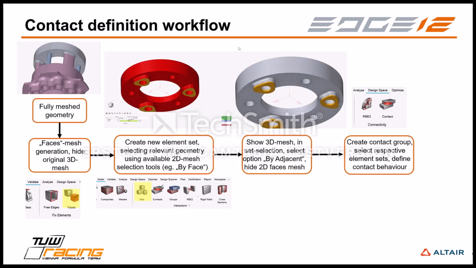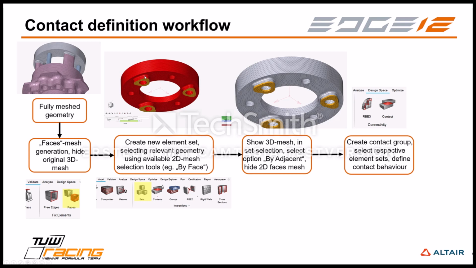Regarding contact definition, we first of all assume that we have a fully meshed geometry. And as we are dealing with 3D elements, we have to do a bit of a workaround for element selection. So first of all, we create a new 2D mesh using the function faces, which exactly matches our 3D mesh.